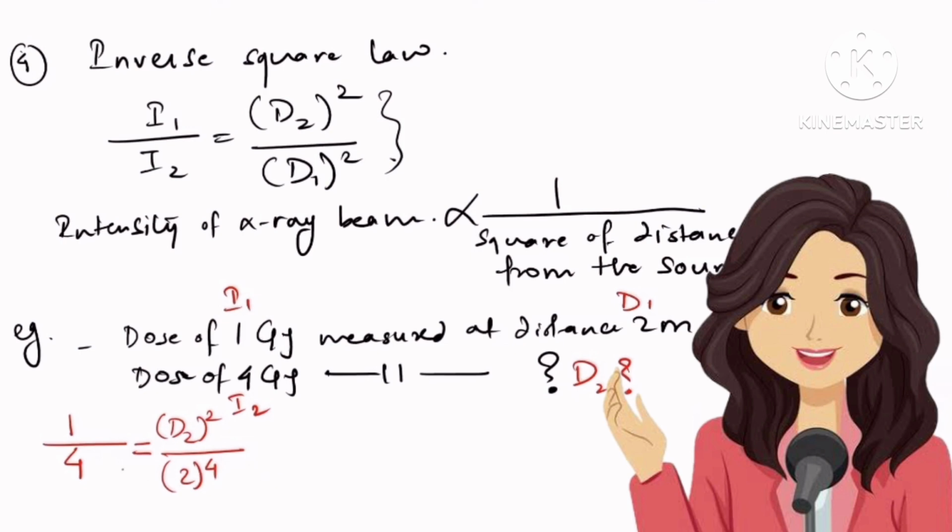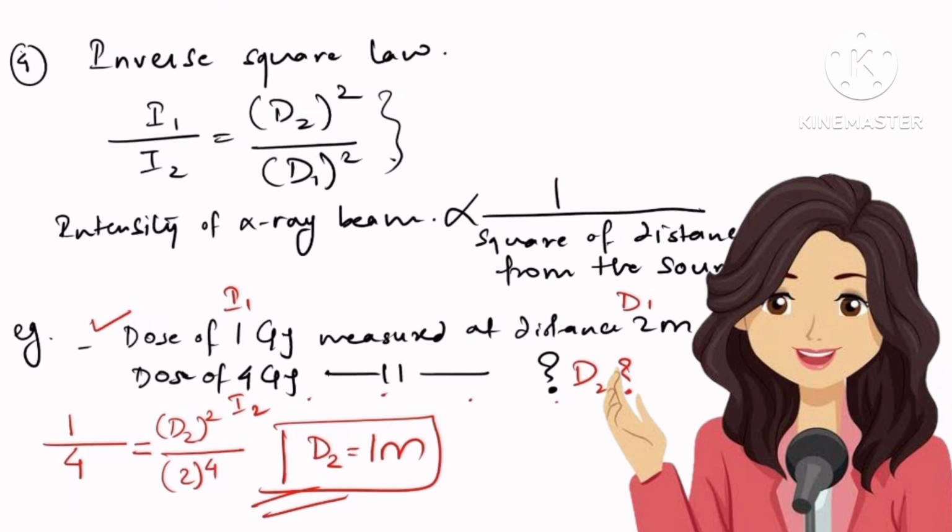If you solve this, you get D2 as 1. So dose of 4 gray will be measured at a distance of 1 meter. This is how you will solve the numerical based question when you get such kind of questions.